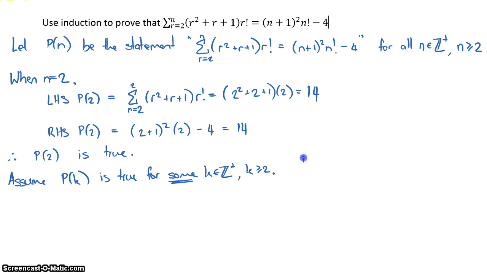This would mean that the sum from r equals 2 to k of (r squared plus r plus 1) times r factorial is equal to (k plus 1) squared times k factorial minus 4. So I usually write i.e. first, i.e. that this is true. Now I want to show Pk plus 1 is true.